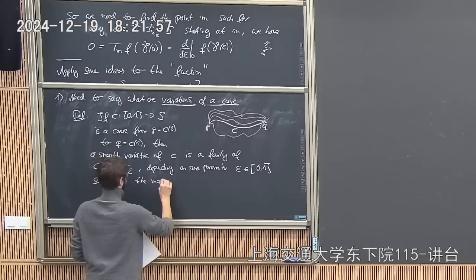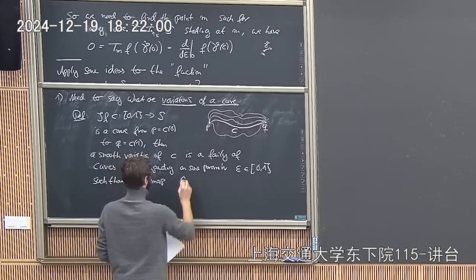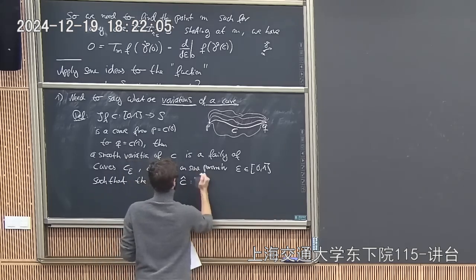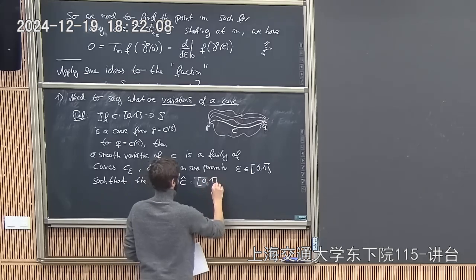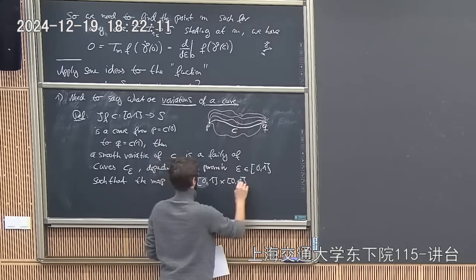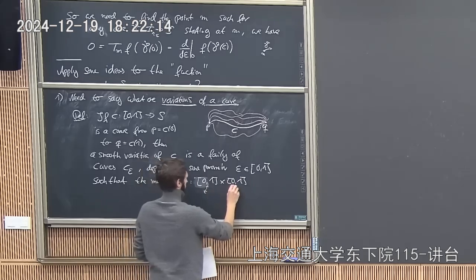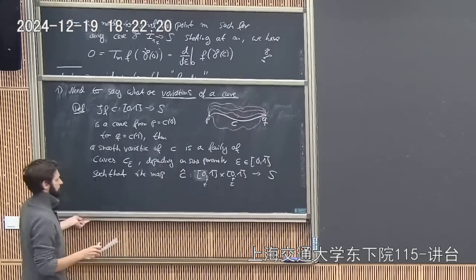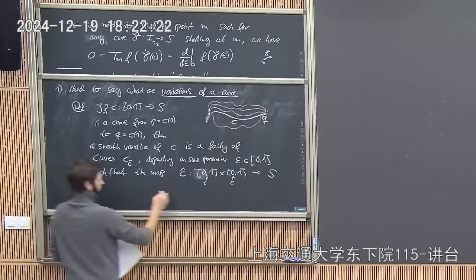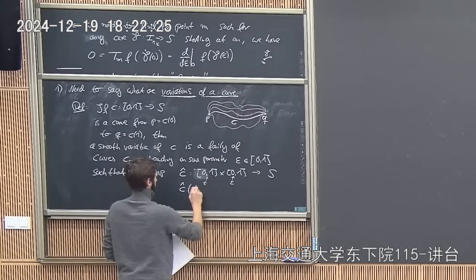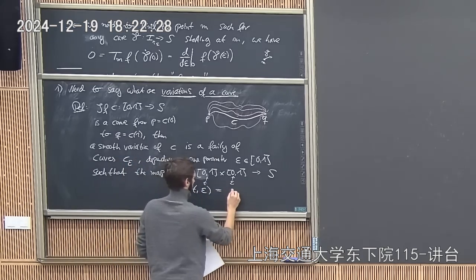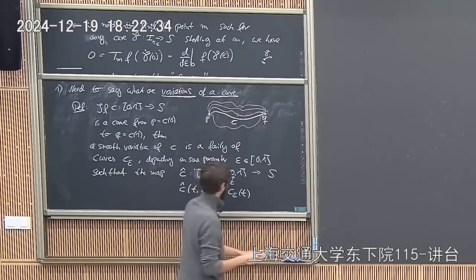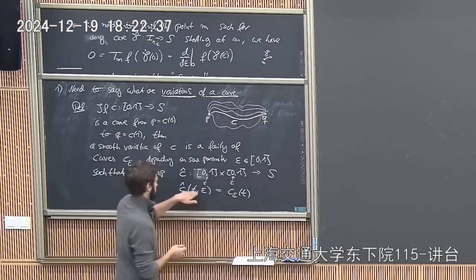The map, which is sometimes called Ĉ, is defined on [0,1] × [0,1]. So here it's the parameter t, and here it's the parameter ε, and then it gives you a point in the surface, which is defined as follows: Ĉ(t, ε) is we take the ε curve and evaluate it at the given time t.